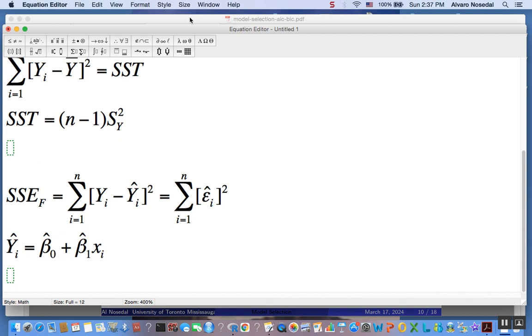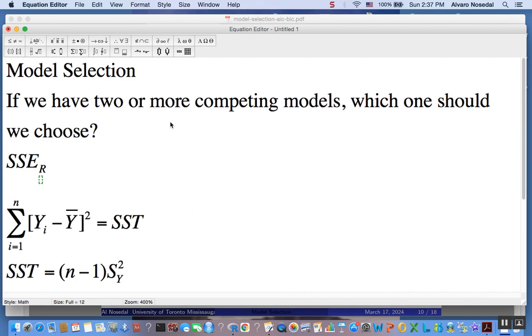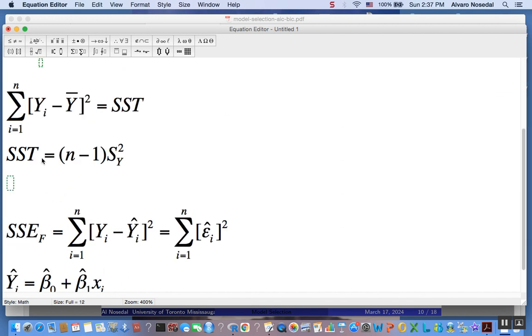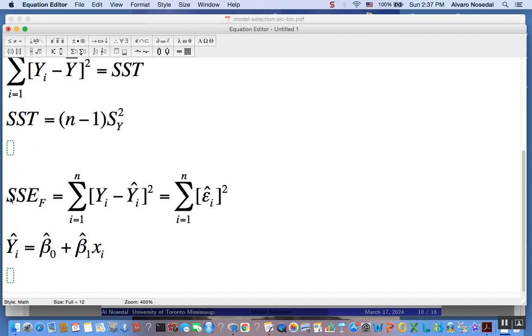So let me go back to our lecture notes and compute the sum of squares for the reduced model, which happens to be the same as the sum of squares total, just this quantity here: the summation of y_i minus y bar squared for every single observation in our data set. The other one is just the sum of squares of your residuals.